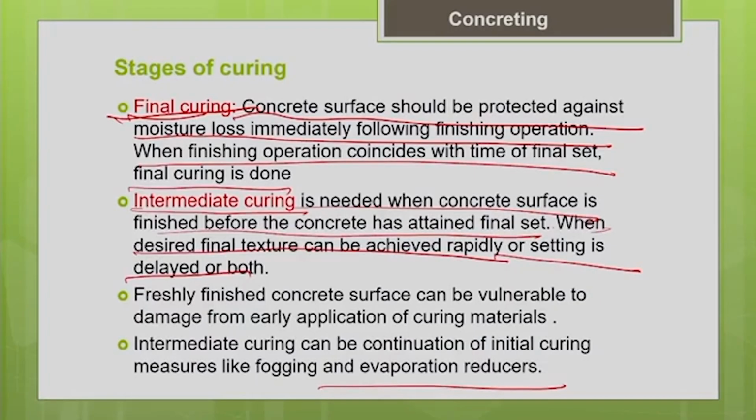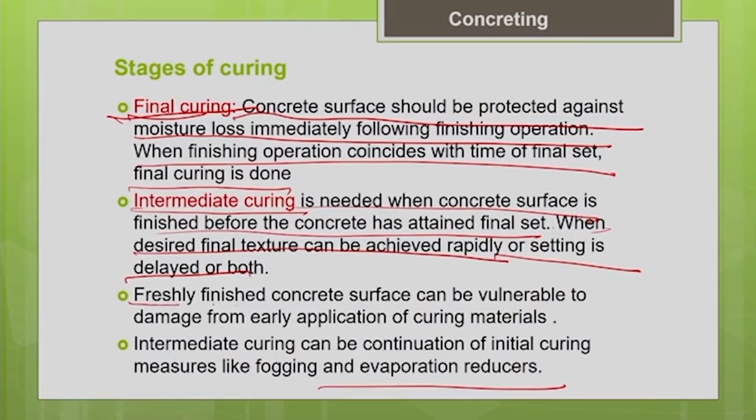Why do we need this intermediate curing? Because till the concrete attains its final set, it will not be able to receive the final curing methods. Whatever methods we follow for final curing, like application of water, may itself damage the concrete before it has attained the final set.